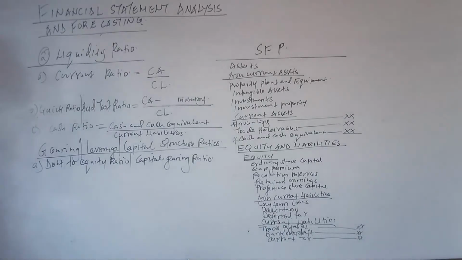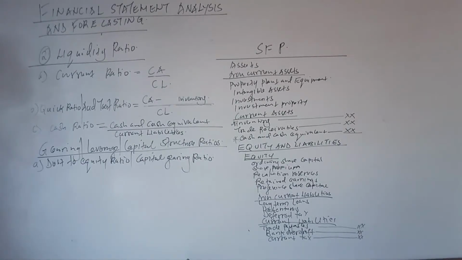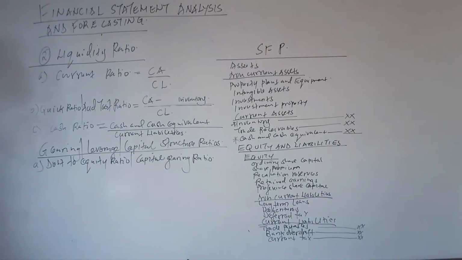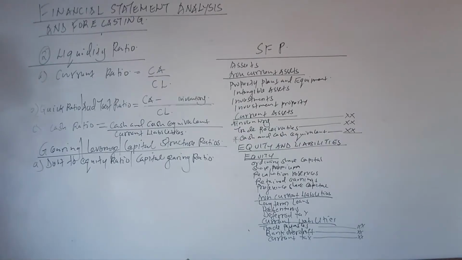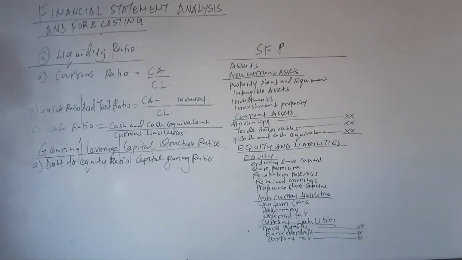Write the answer: this ratio indicates the amount of long-term debt for every 1 shilling of equity investment in the company.